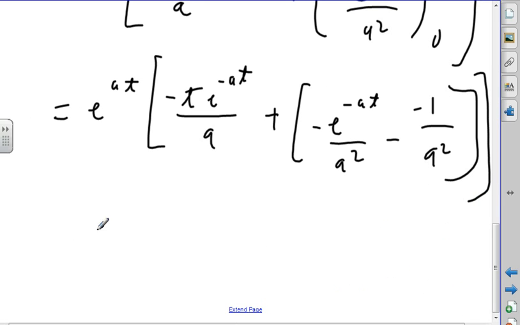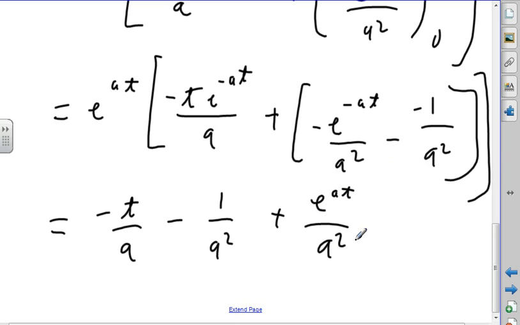And I'll throw in another bracket. So we're going to get minus t over a minus 1 over a squared plus e to the a t over a squared.